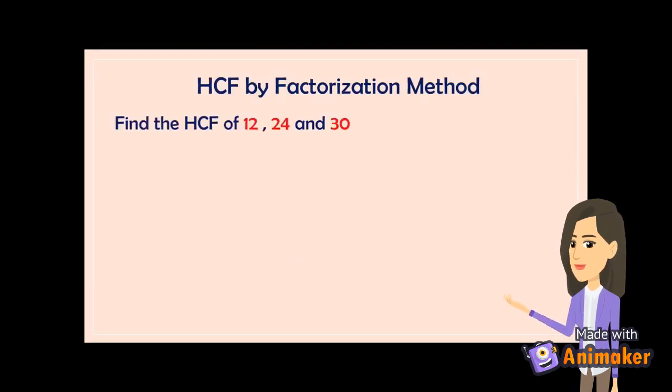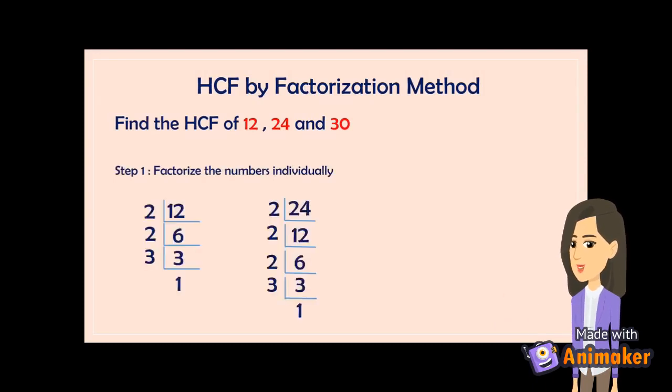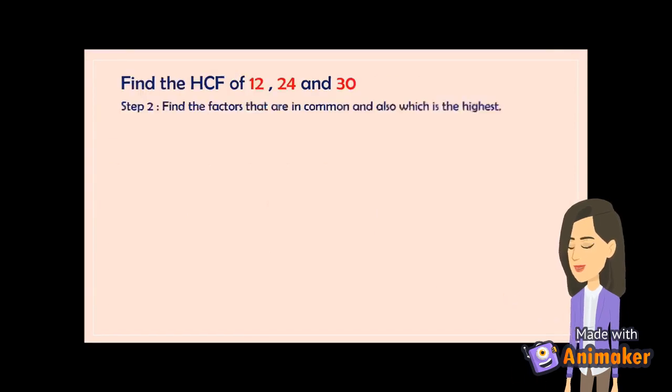Let's move on to another example where we have three numbers here, 12, 24 and 30. And our question is to find out the HCF of these three numbers. Again, let's follow the steps one by one. So the first step is to factorize the numbers individually. We go on to factorize 12, then 24 and then 30. Now what is our step 2? We find the factors that are in common and a combination of those factors which form the highest number.